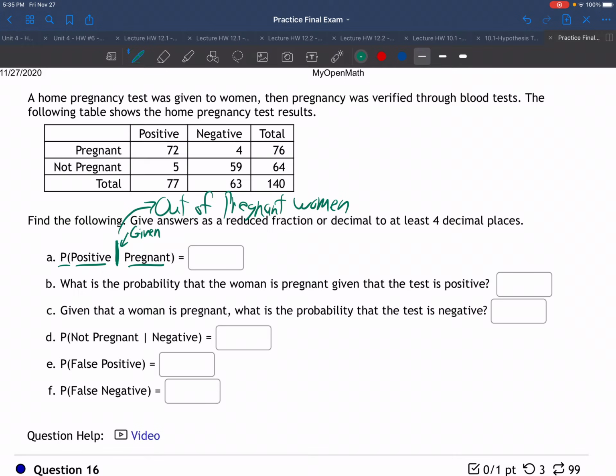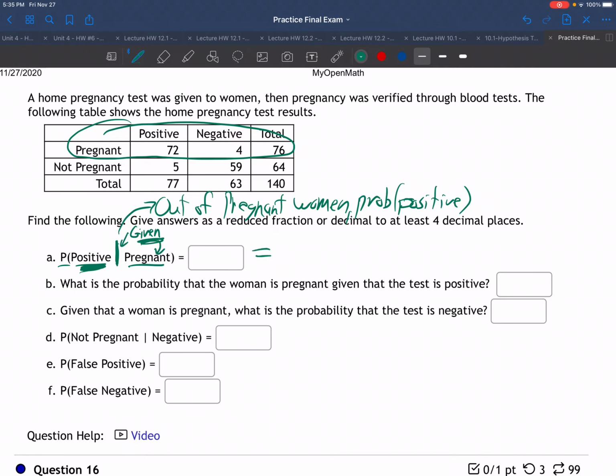Because that's what's given. You're given that you're talking about a pregnant woman. So that limits the field. And in fact, what we should do is circle just right here the pregnant women only. So out of the pregnant women, what's the probability that you get a positive? Probability of positive given pregnant.